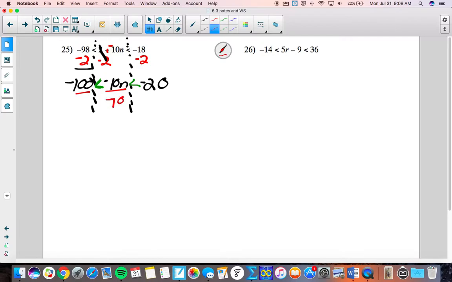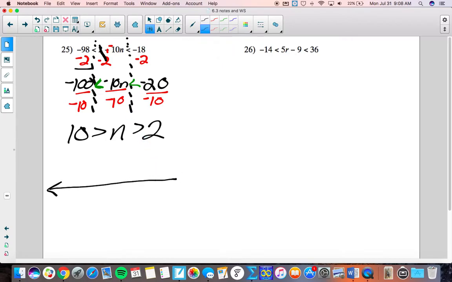Oh no, we're dividing by a negative, so we need to flip the direction of our inequality. So we get 10, n, 2. Switch directions, boom. Smaller number goes on the left. 2 goes on the left, 10 goes on the right.